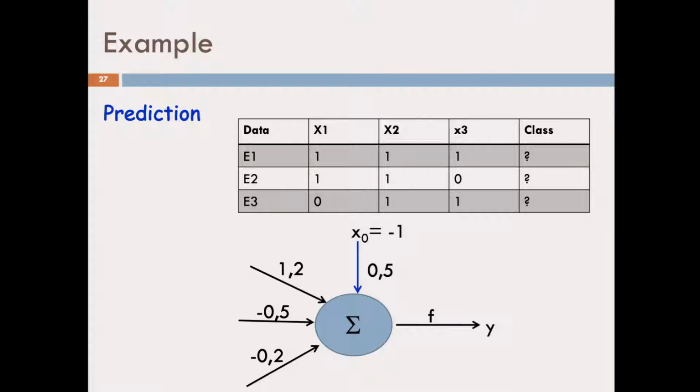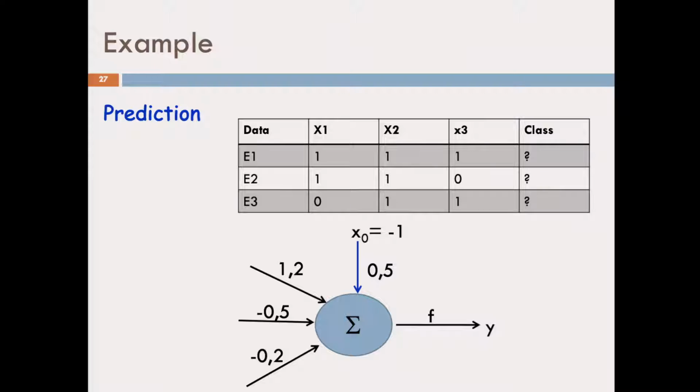Now let's apply our perceptron to make predictions in new instances. So it is easy, right? We just get the values of the features and calculate the linear combination, and use it as input to an activation function that gives us the sign.